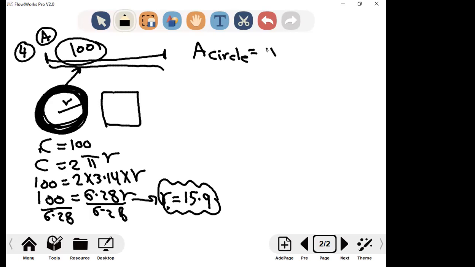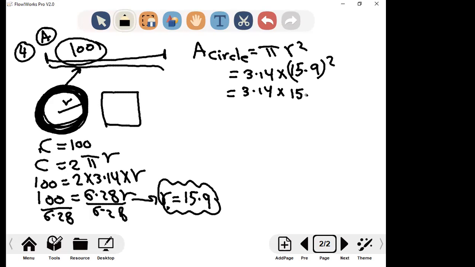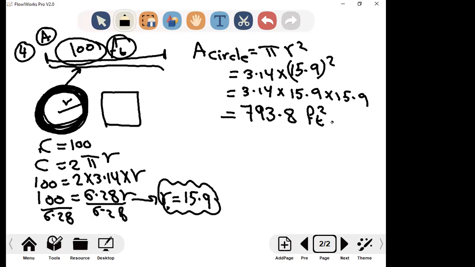Of the circle, which is pi r power 2, yani 3.14 multiplied by 15.9 to the power of 2, equal to 3.14 multiplied by 15.9 multiplied by 15.9, and this is equal to 793.8 feet power 2, right? I'm done with the area of what?